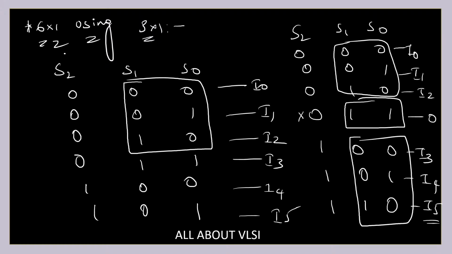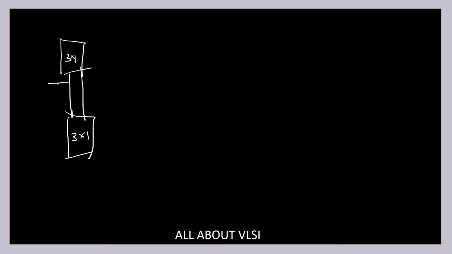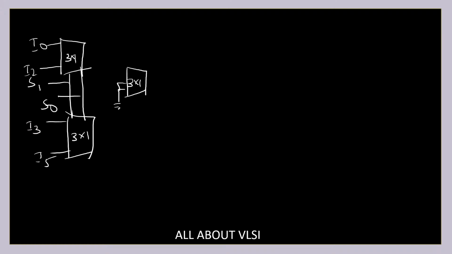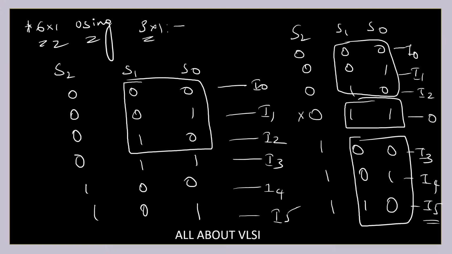So I'm going to have basically three 3 cross 1 multiplexers, where in the first stage I have this 3 cross 1 mux with S1 and S0, and I0 to I2 connected over here, and I3 to I5 connected to one more 3 cross 1 mux, where the other input is grounded, and you take these inputs and you have S2 and S1.